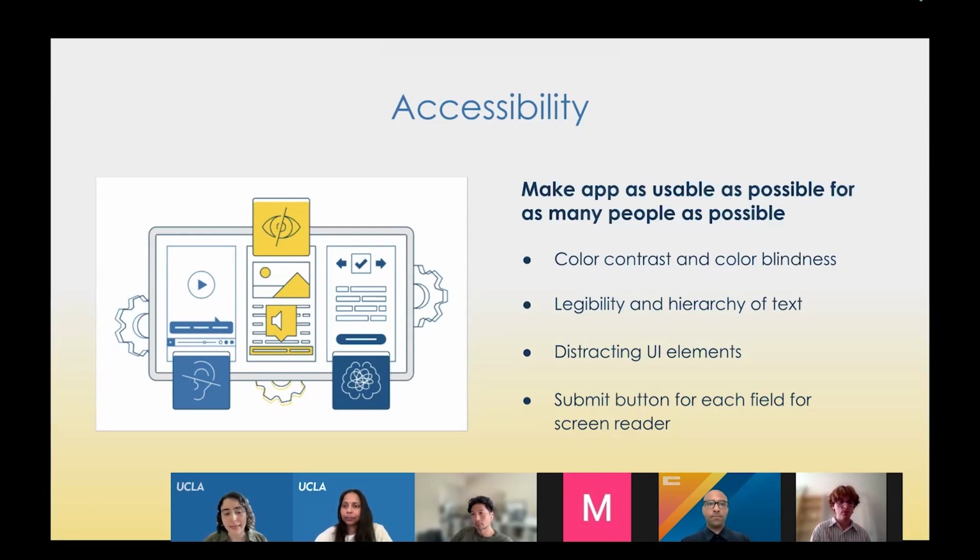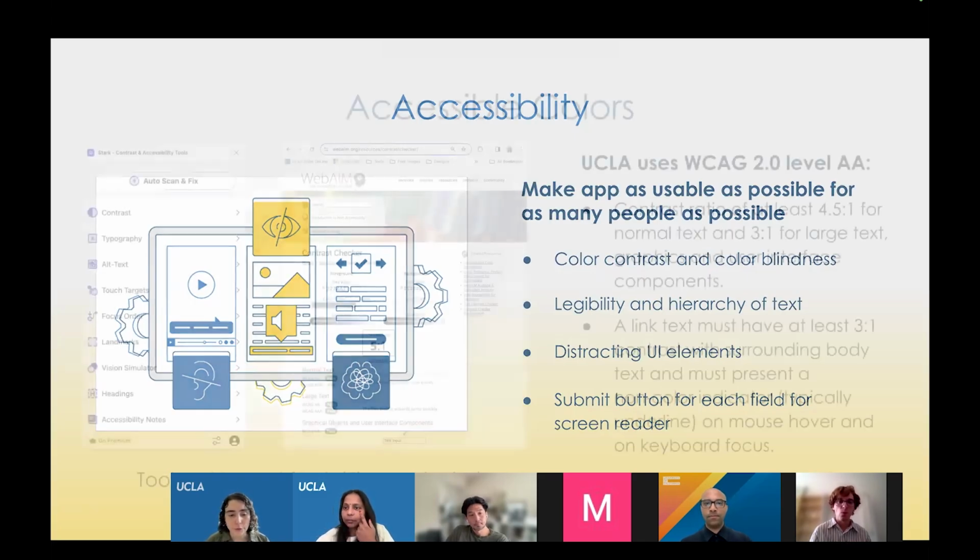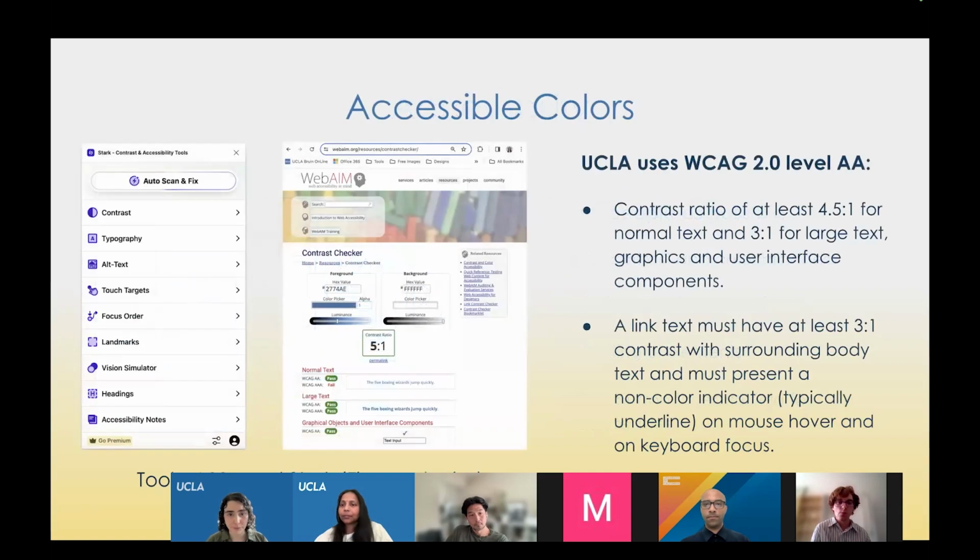Of course, eliminating any distracting UI elements such as autoplay slideshows or anything that will distract users. And of course, making it compatible for a screen reader. So for example, having every field have a submit button that the screen reader can find and use. So this is all very important as we start approaching our designs.